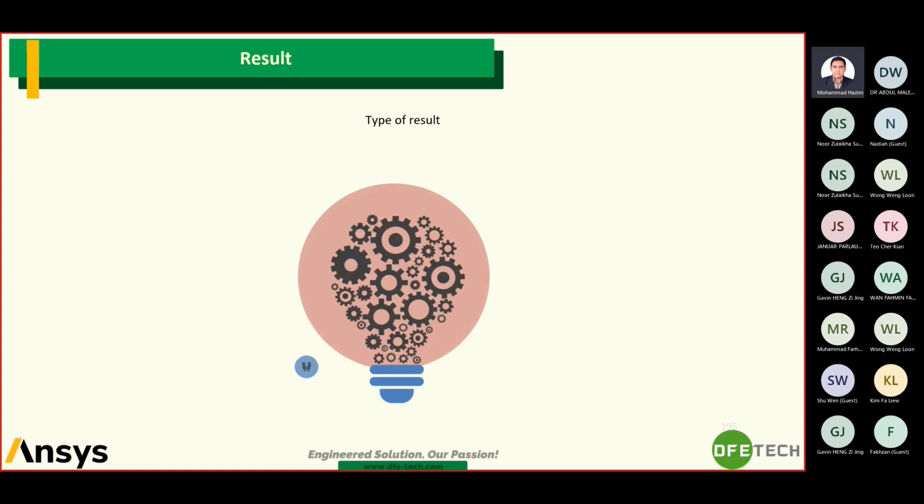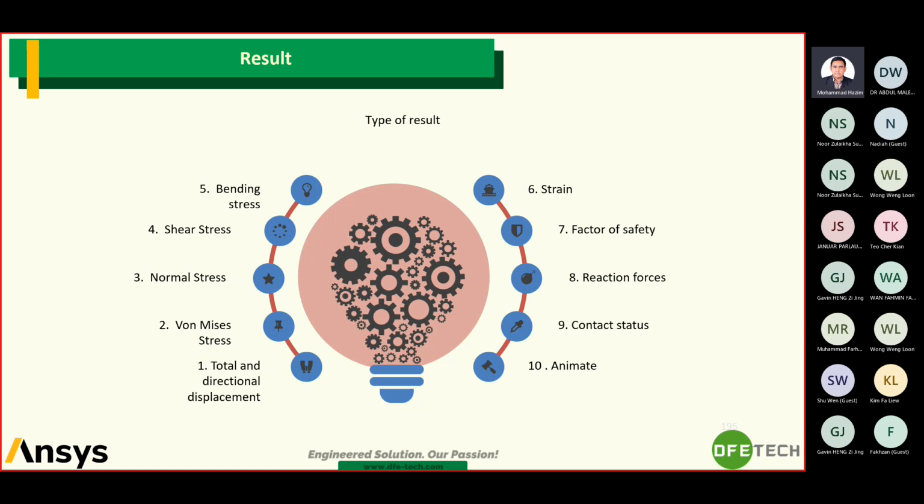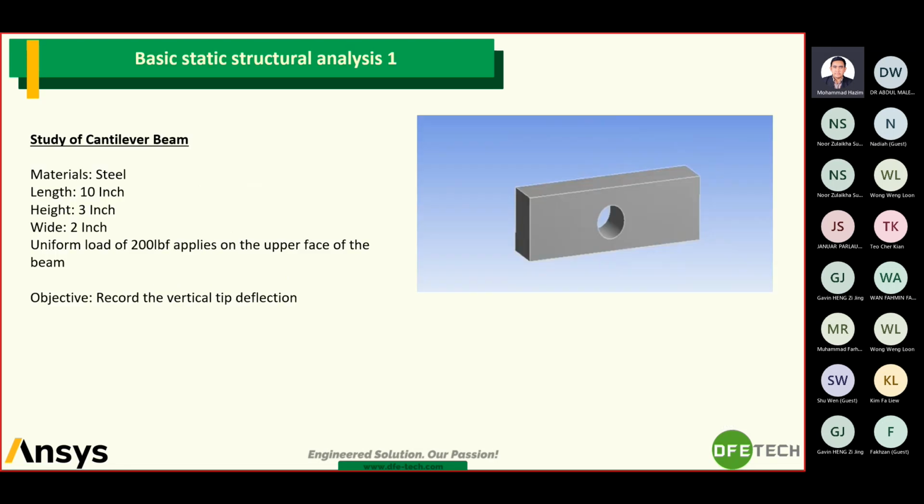So from the finite element analysis, we can obtain many results: total and directional displacement, stress, normal stress, shear stress, bending, and so on. So this is the type of result that we can obtain from the Ansys simulation.